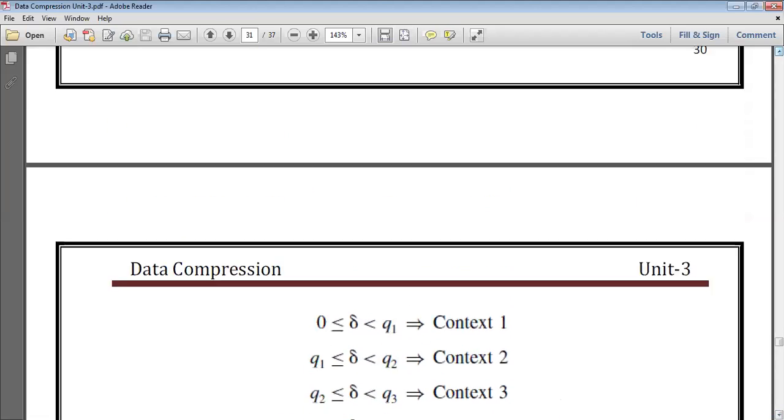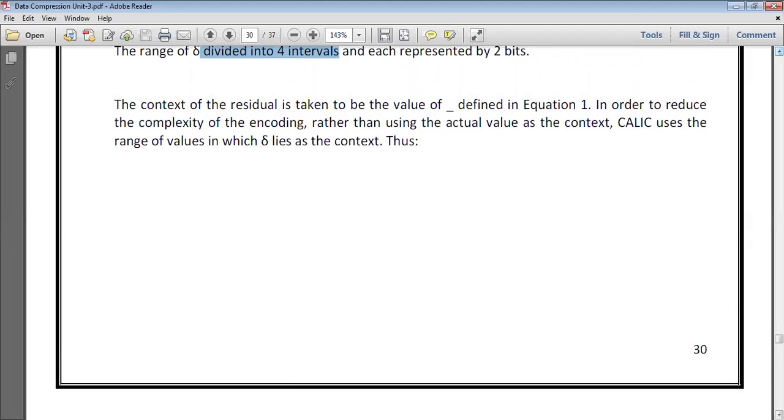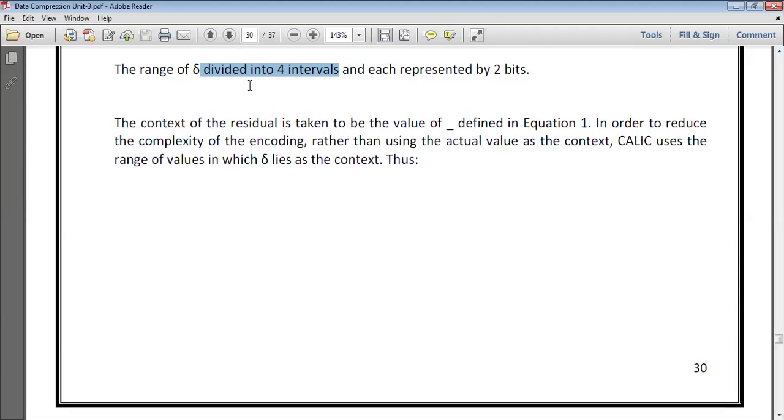But if you see here, it is written that sigma is divided into 4 intervals and each is represented by 2 bits. So multiplying 2 by 4, we find the value 8. We find 8 individual values, each either 0 or 1.